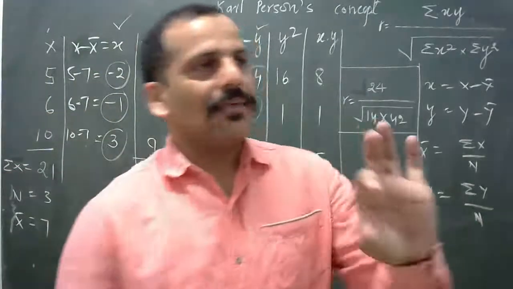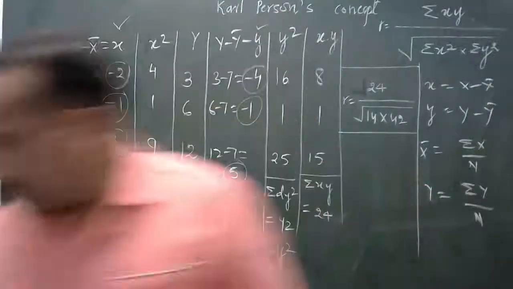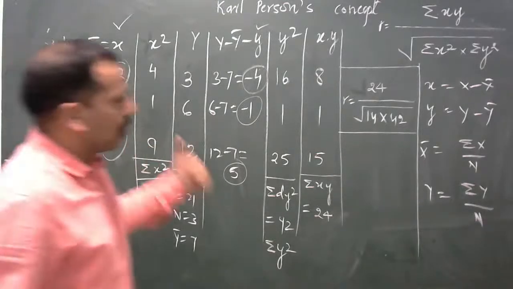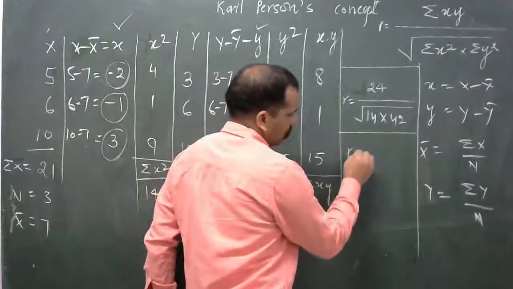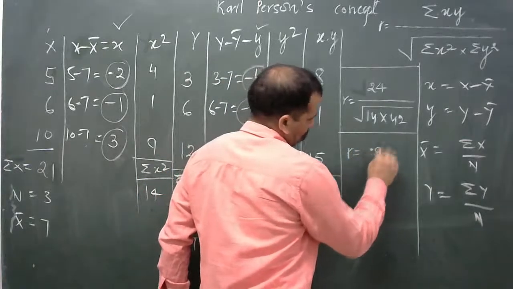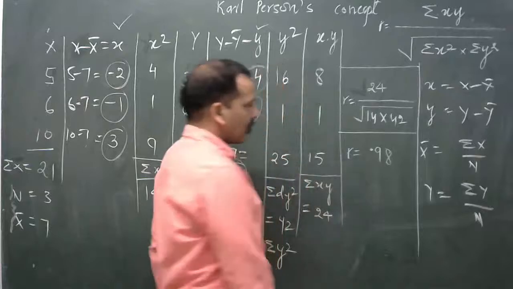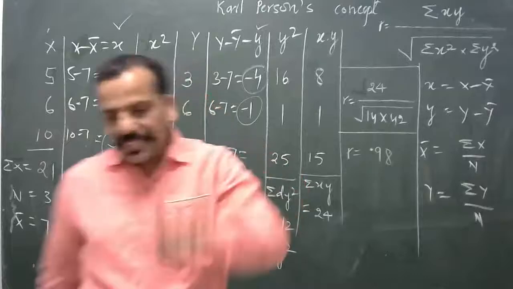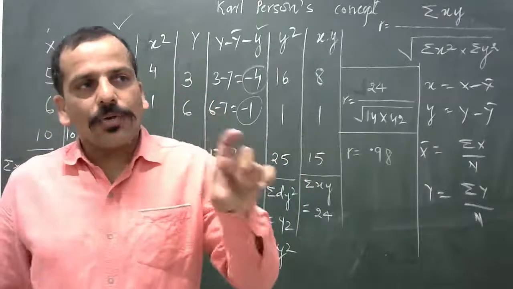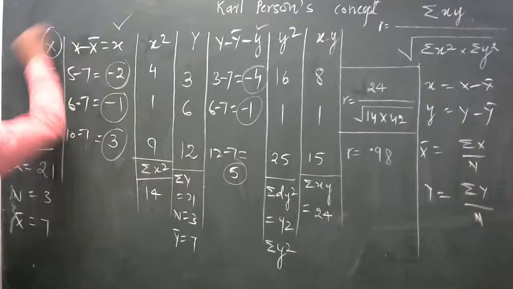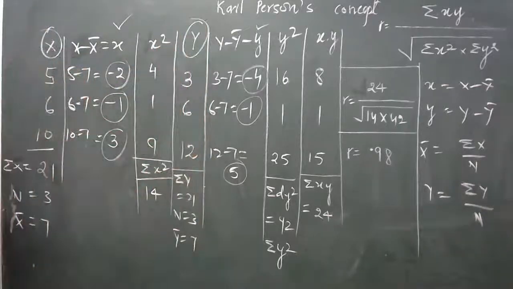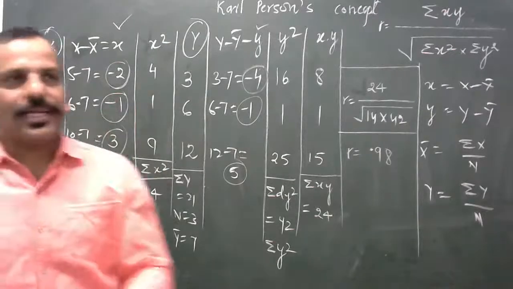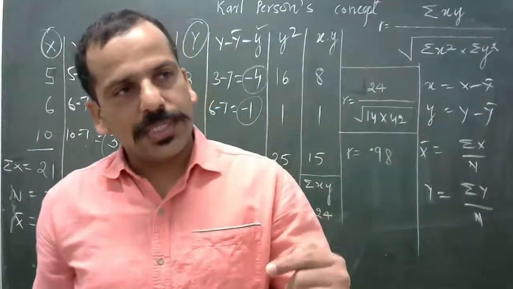Now, after doing this much, you have to mention what kind of correlation is there between the two variables. Let r be equal to 0.98. So you have to write one statement. There you have to explain about the correlation between the two variables. So is it positive or negative correlation, high degree, moderate, low?